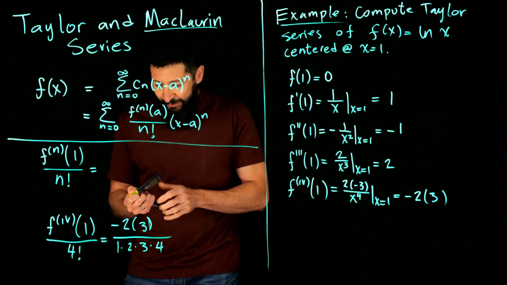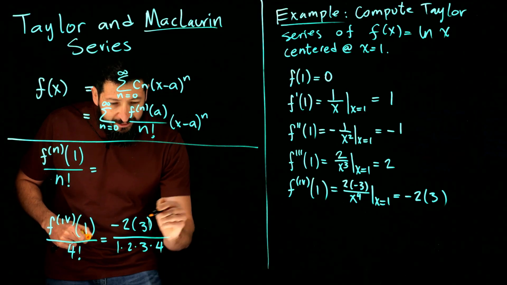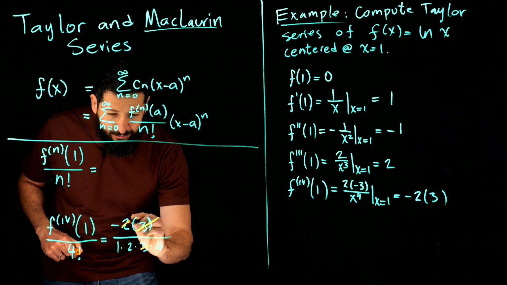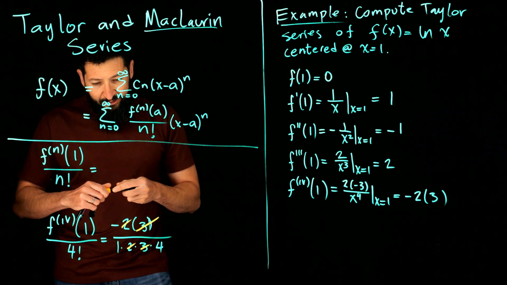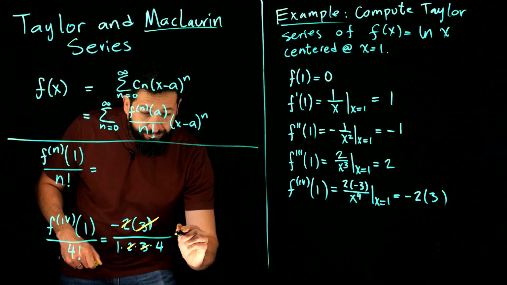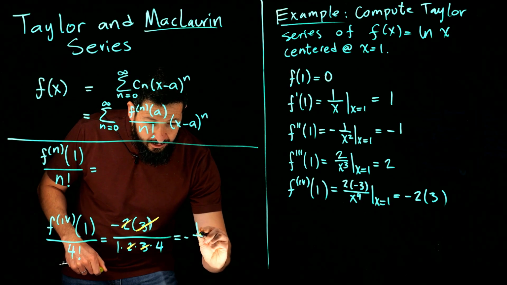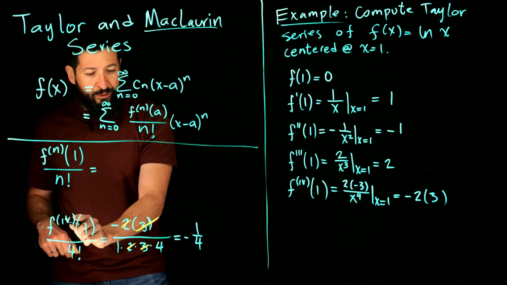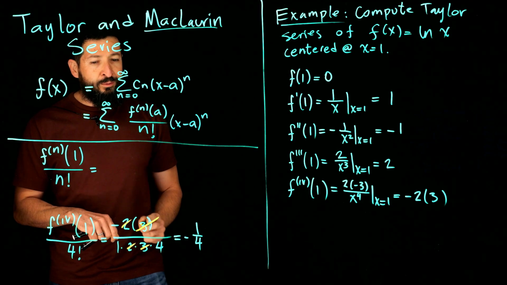So as you can see, the 3 cancels and the 2 cancels, and I get negative 1/4. That's kind of nice. You see, I have the fourth derivative, and I get negative 1/4.